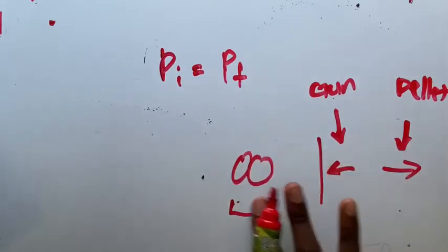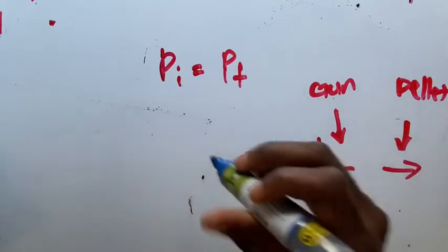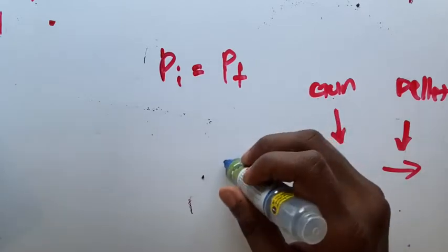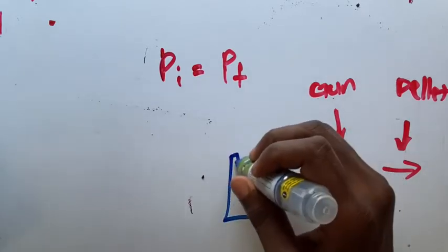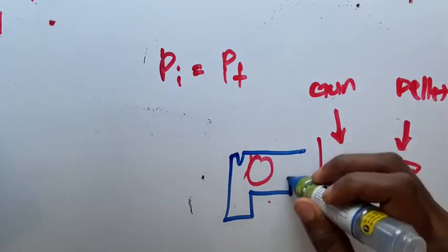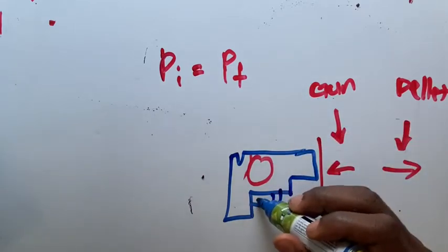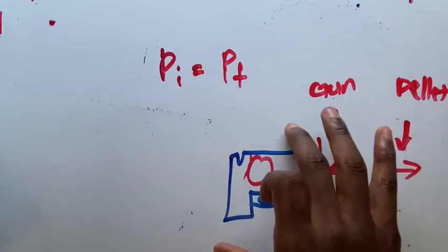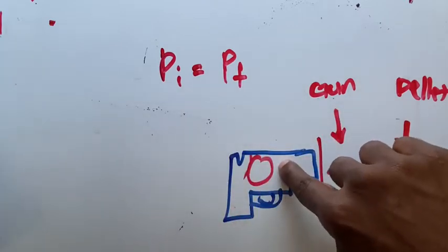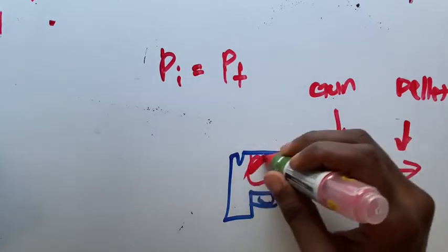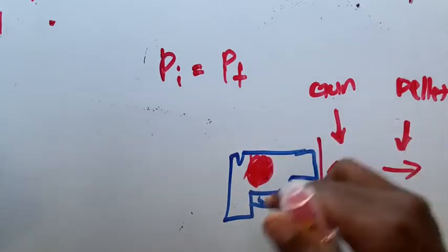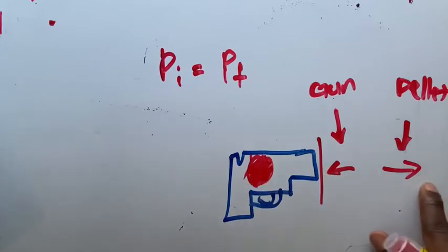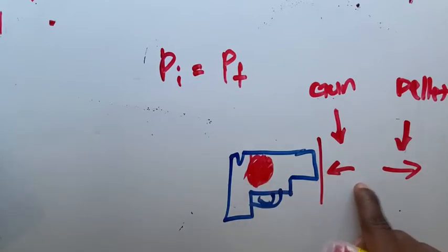So let me see if I can draw this a little better. You can imagine, I don't know, something like that, right? So these are the two objects together, where the pellet's inside of there, and the pellet's really, really massive, weighs more than a gun. And then after the pellet is fired, the pellet's going to go this way and the gun's going to recoil, going the opposite way.